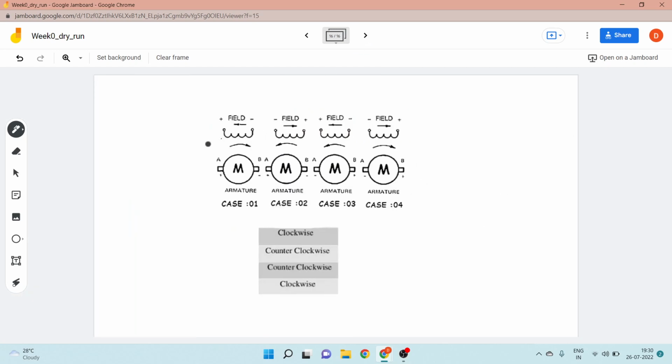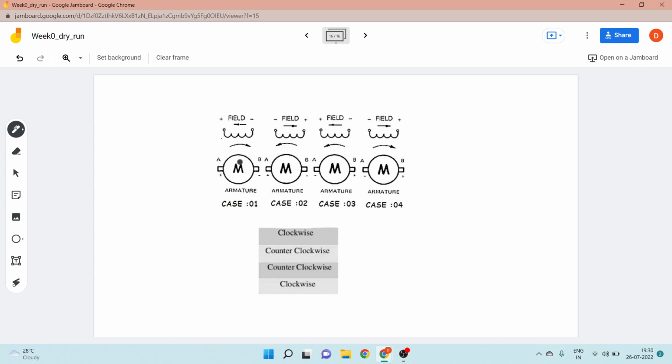As we can see from this figure, by reversing the field, the direction of rotation of the motor changes, because if we change either the direction of the armature current or the field current, the direction of rotation will change, because the magnetic field is constant.